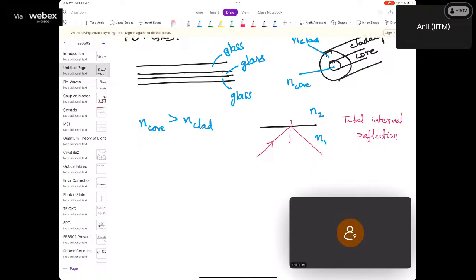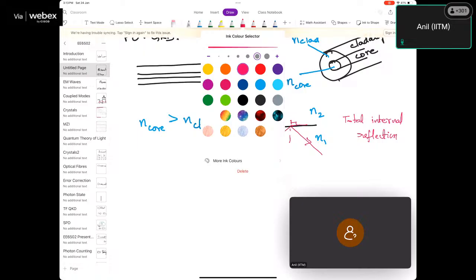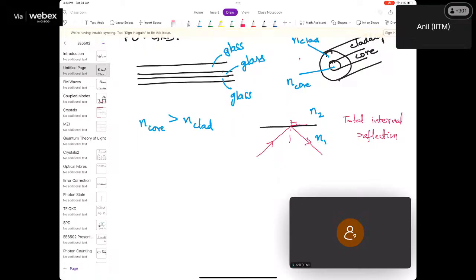Now, most of us should remember. If not, I can just spell it out. That total internal reflection, or TIR, happens when we are unable to satisfy what is called Snell's law.